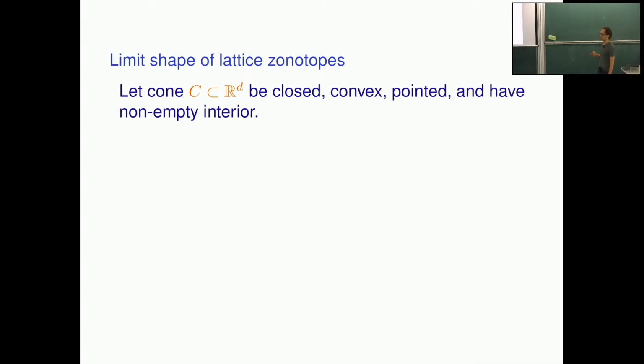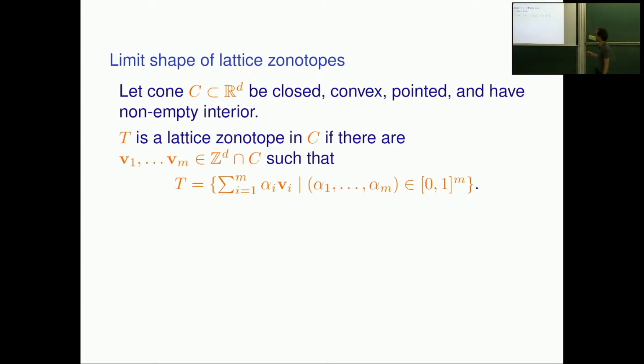But we weren't able to solve the full question about polytopes in d dimensions. So what we do instead is consider a restricted set of polytopes, the zonotopes. What I'm going to talk about is zonotopes with a given endpoint that are contained in a fixed cone.